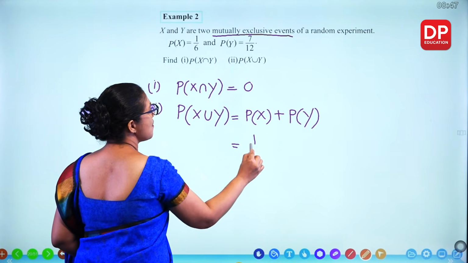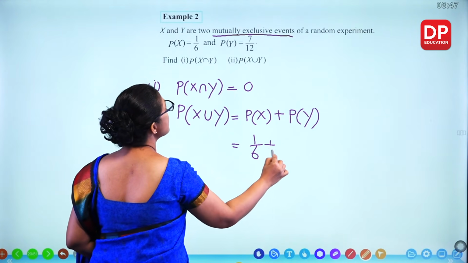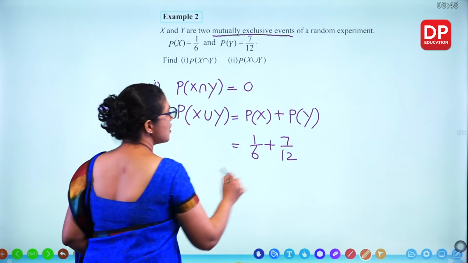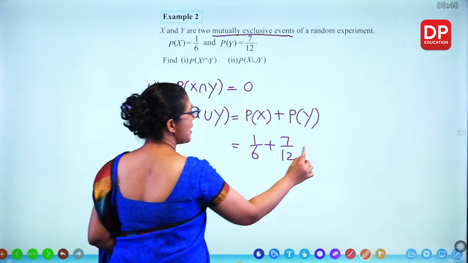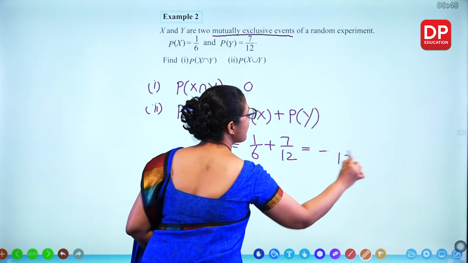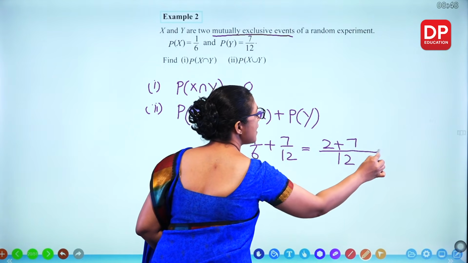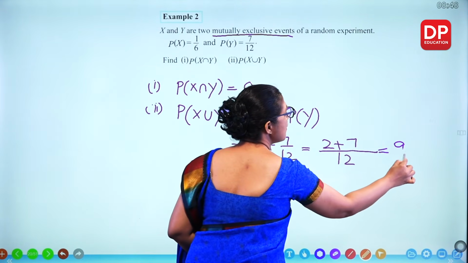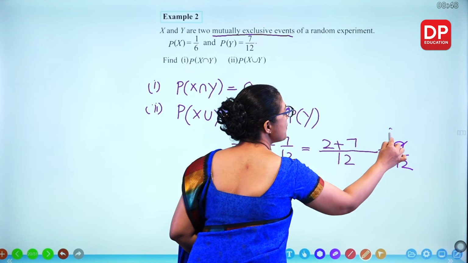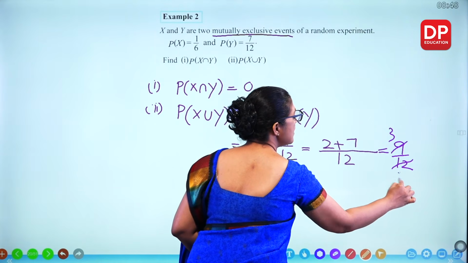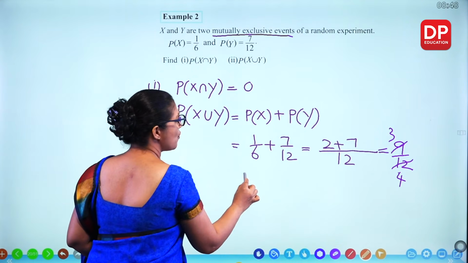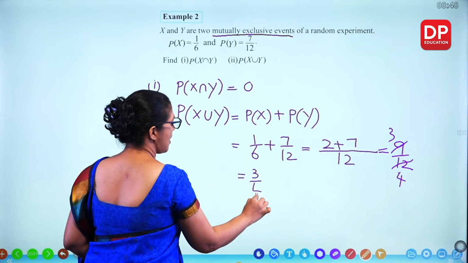I can substitute the values, 1 over 6 plus 7 over 12. Convert to the same denominator, 12. This becomes 2 plus 7, 9 over 12. Simplify. Divide by 3 here, you get 4. So 3/4 is the answer.